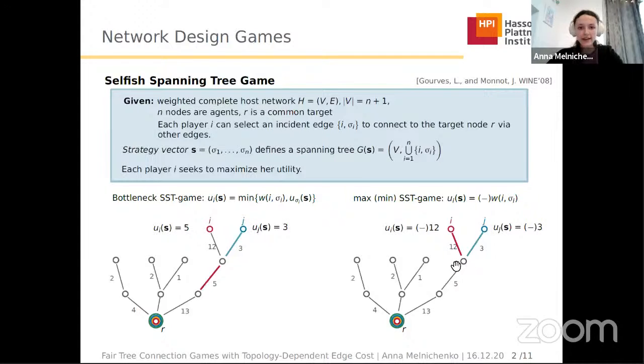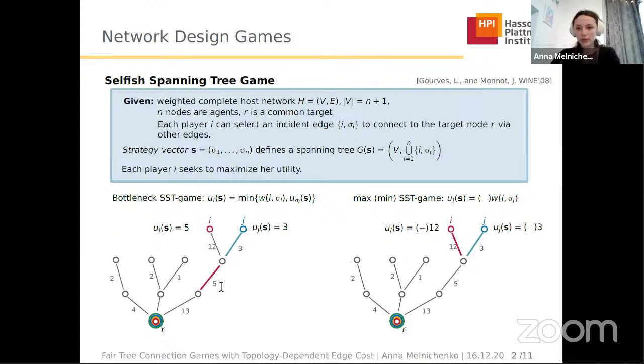For doing this, they are allowed to pick one neighbor to connect with, and after establishing a connection, they are connected by a path to the common target. The aim is to maximize utility, and utility can be computed in 3 different ways, as the authors define in the paper.